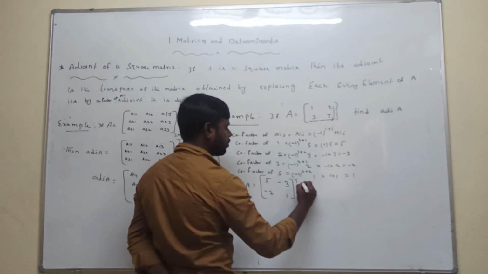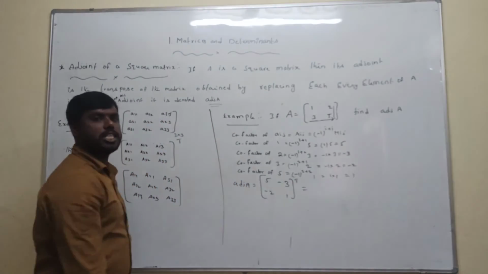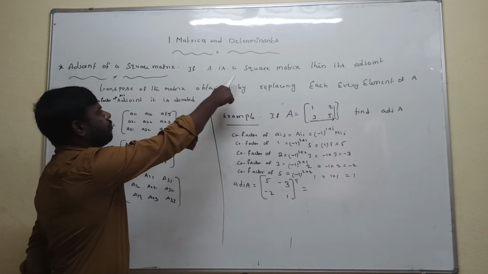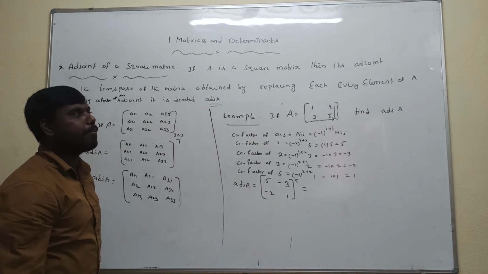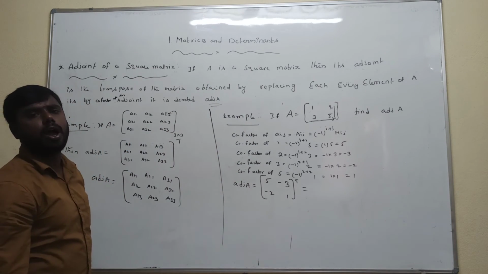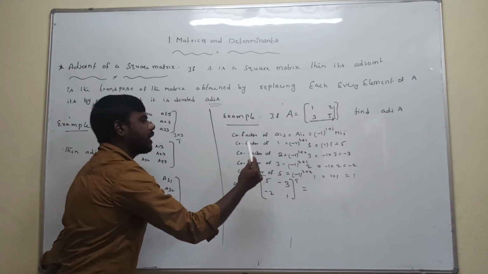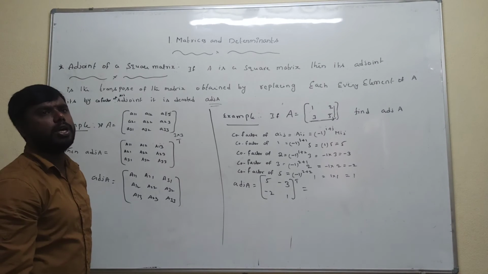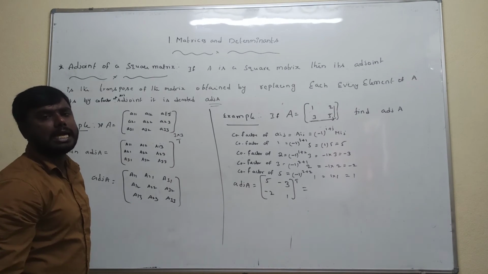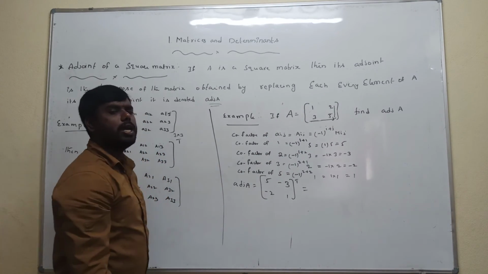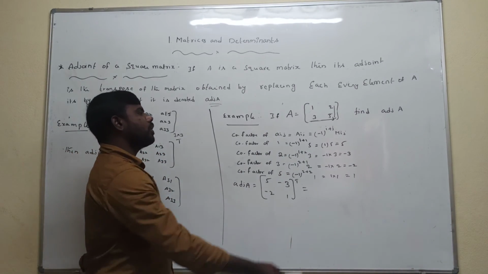So we take the transpose of the matrix. Dear friends, if A is a square matrix, then its adjoint is the transpose of the matrix obtained by replacing every element of A by its cofactor.